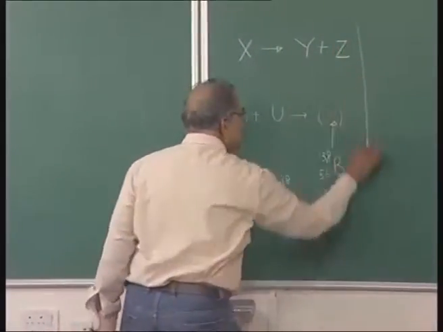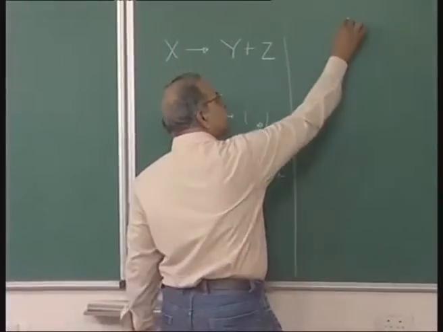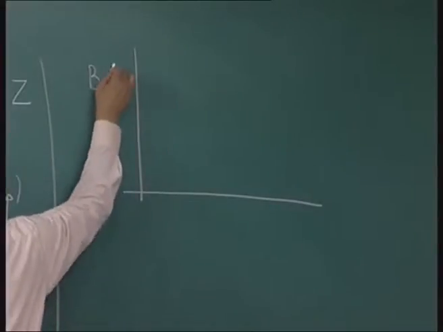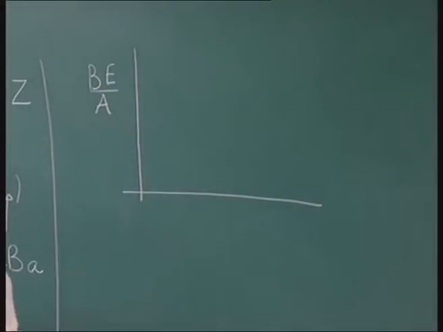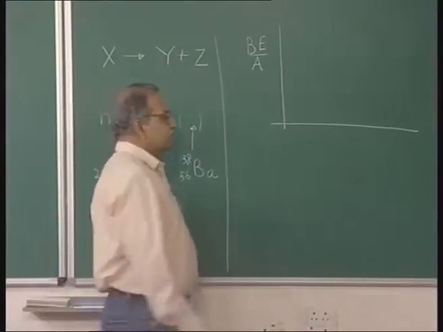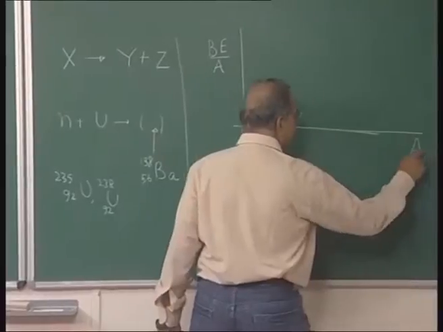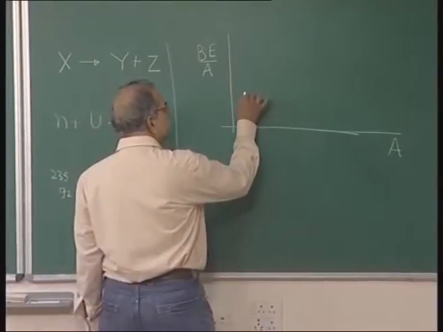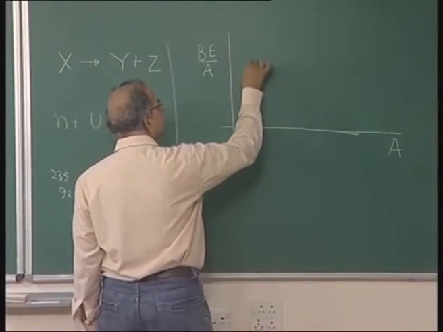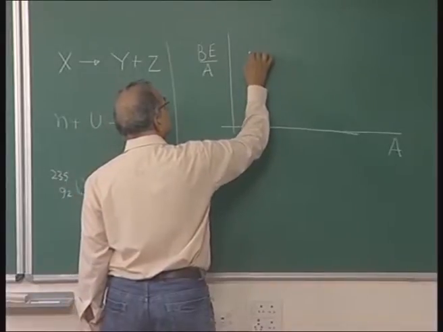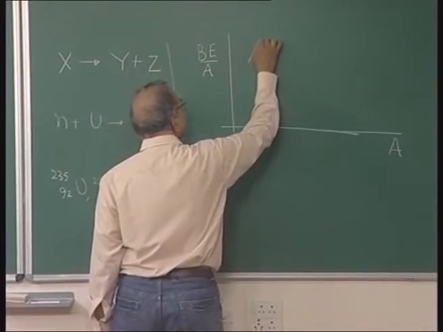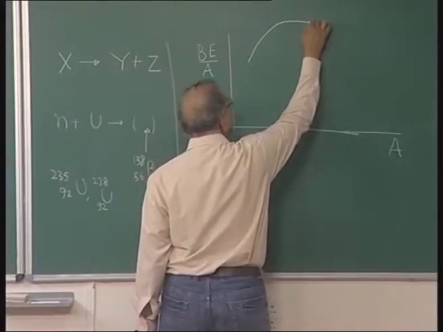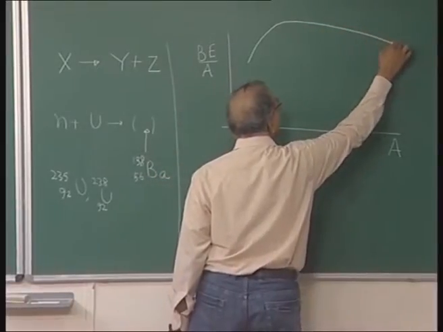Now, if I understand it from this binding energy diagram, you remember the binding energy of nuclei. If I plot binding energy per nucleon, that is binding energy divided by mass number, against mass number on this side, we had done it earlier in the initial set of lectures. With some irregularities, not very smooth, it rises, goes through a maximum and then slowly decreases like this.